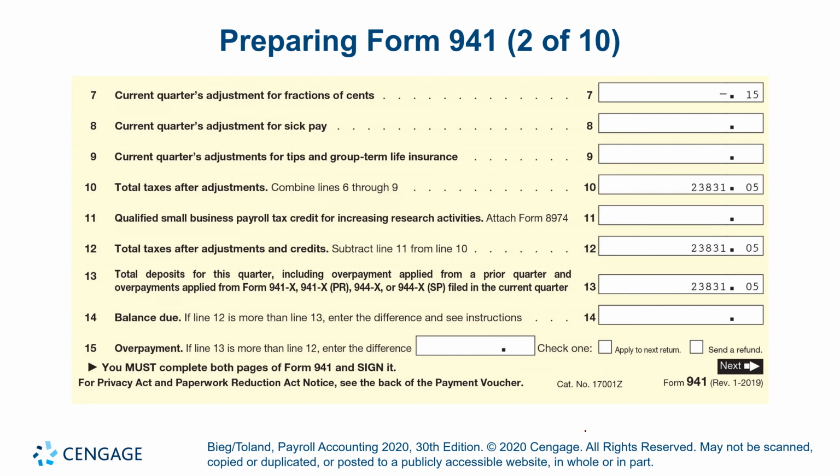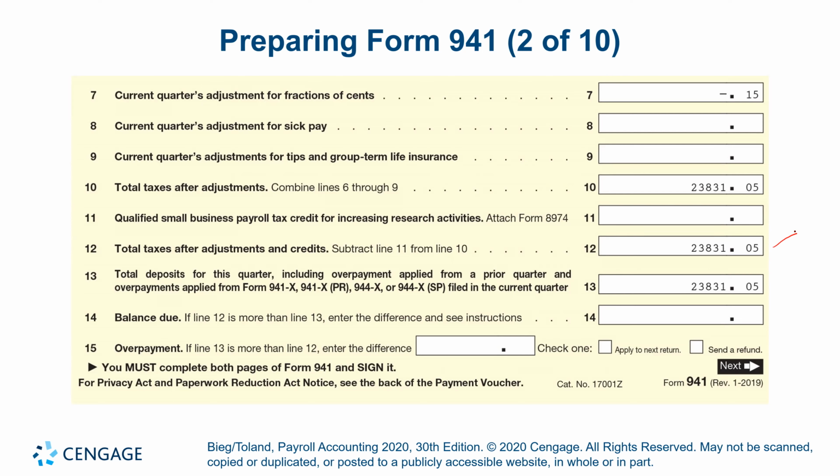Total taxes after adjustments, and we see that amount here. If there was any adjustment for sick pay, any adjustment for tips or group term life insurance, which there is not here. Any adjustments for qualified small business payroll tax credit, which there is not any here. So again, that leaves that total tax 23,831.05.